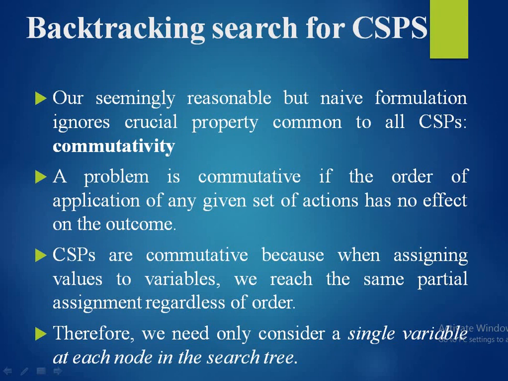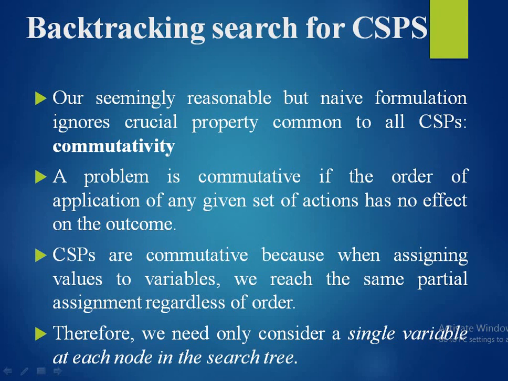Our seemingly reasonable but naive formulation ignores a crucial property common to all CSPs, that is commutativity. A problem is commutative if the order of application of any given set of actions has no effect on the outcome.